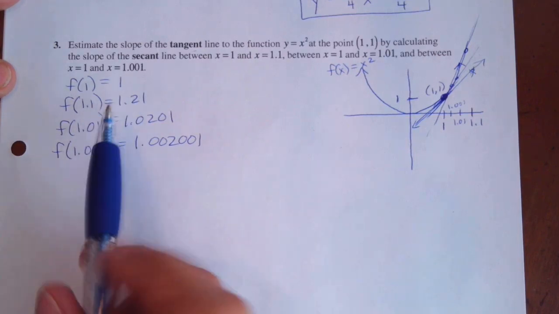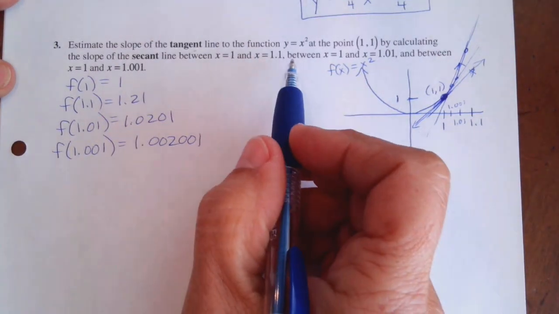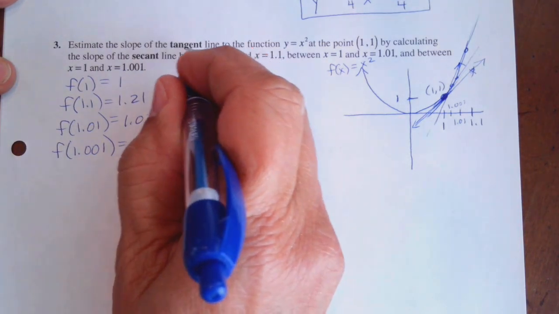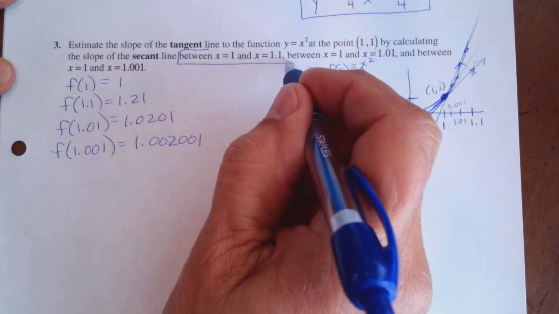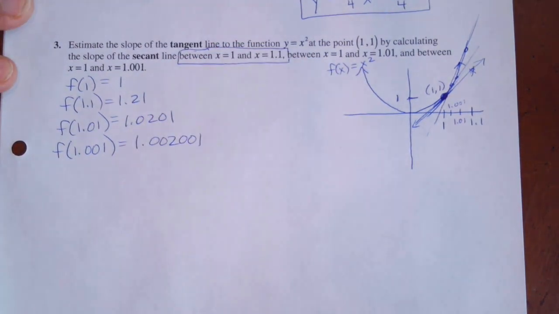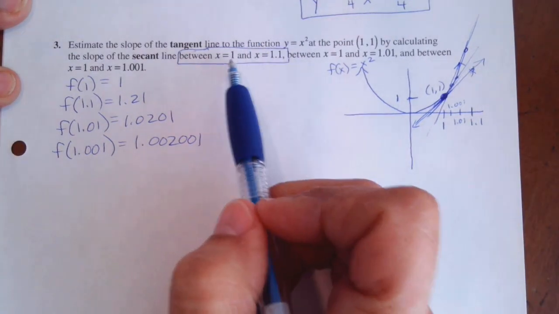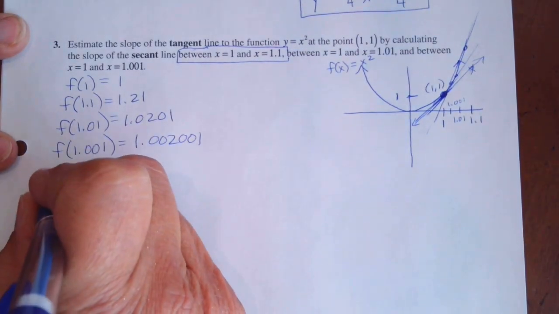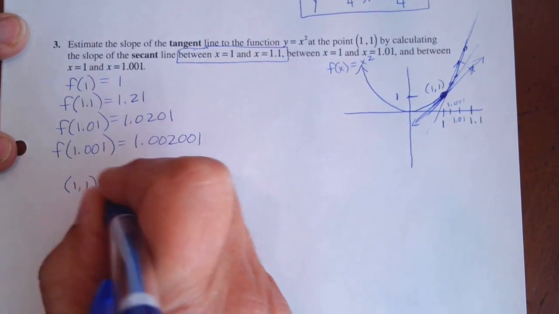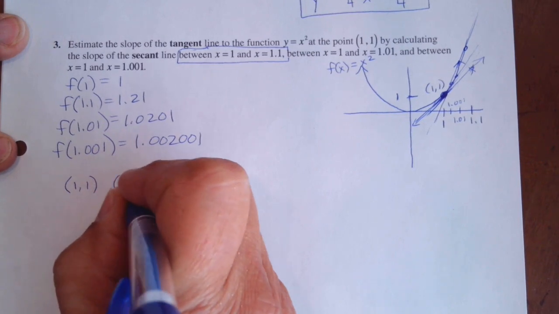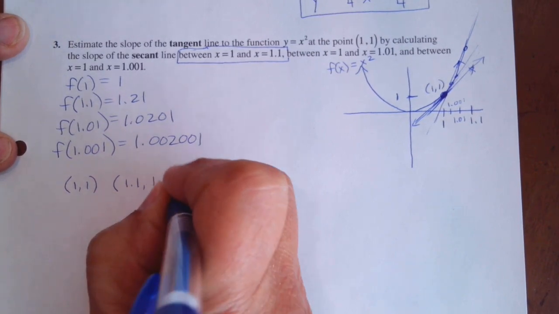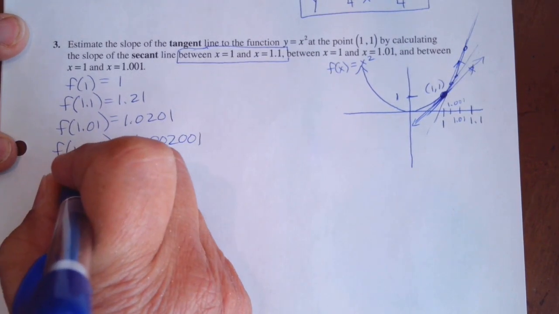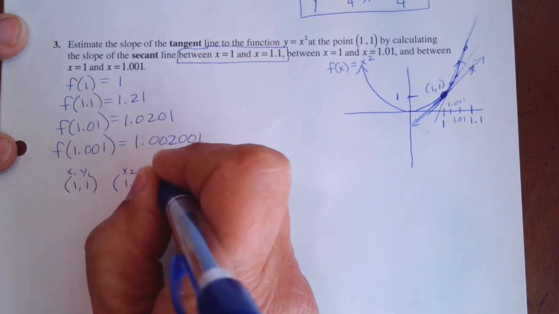All right, so remember, these are the ordered pairs. The first one I'm going to do is right here. Find the slope of the secant line between these. These are not hard problems; we're just doing the slope formula. So I need these two values. We're going to look at the points (1, 1) and (1.1, 1.21). So there's my x1, y1, x2, y2.